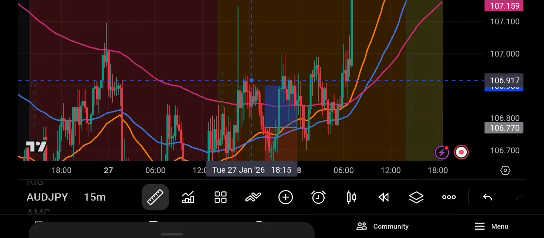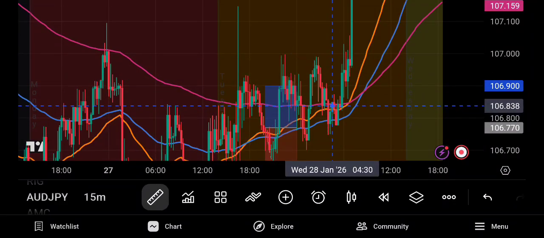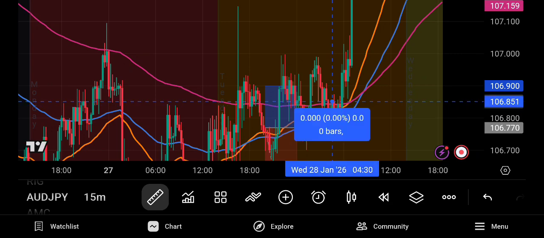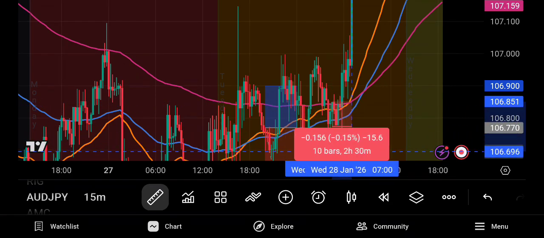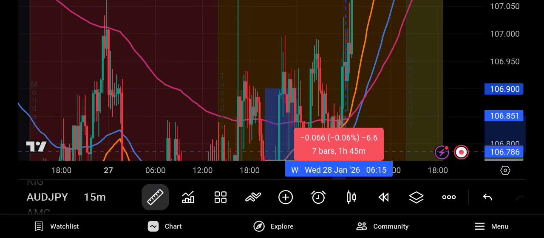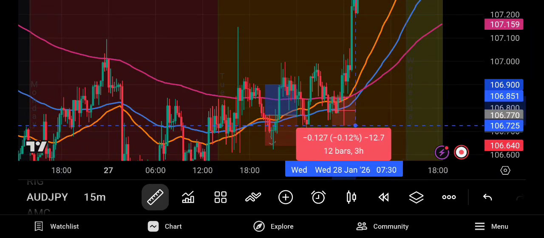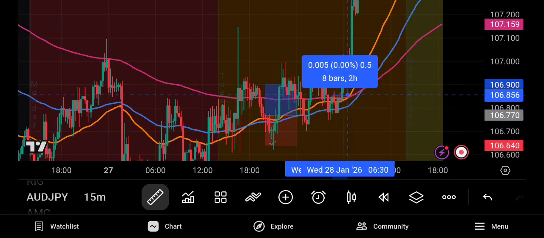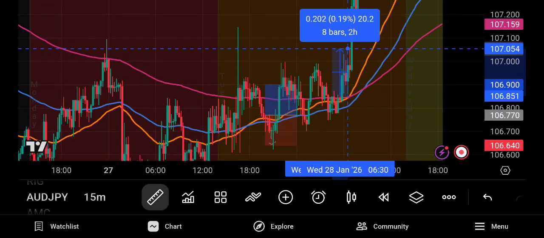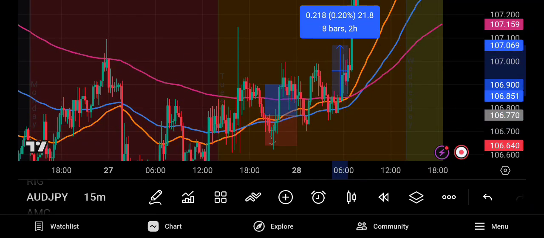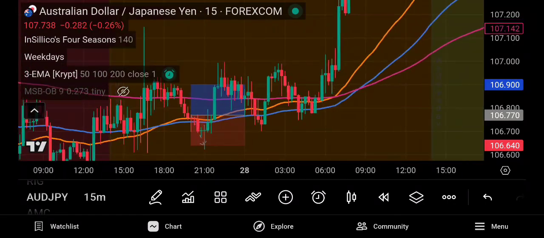I'm not sure exactly where I entered. It was somewhere around 4:30. Did have some drawdown. Used a 13 pip stop loss as well. Did have some drawdown, not as much, but then I ended up winning it all back and just a little bit extra.